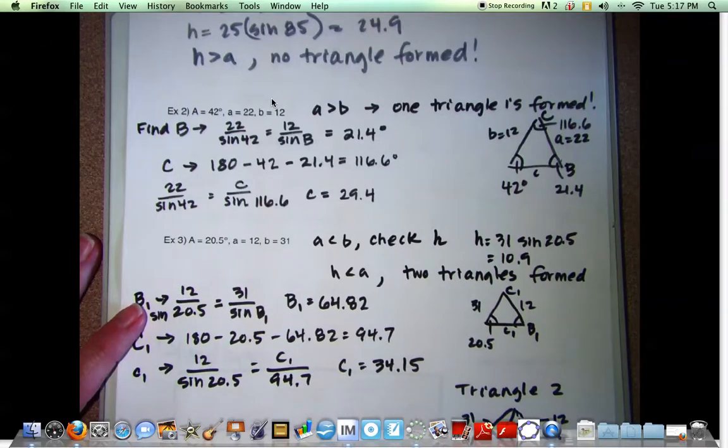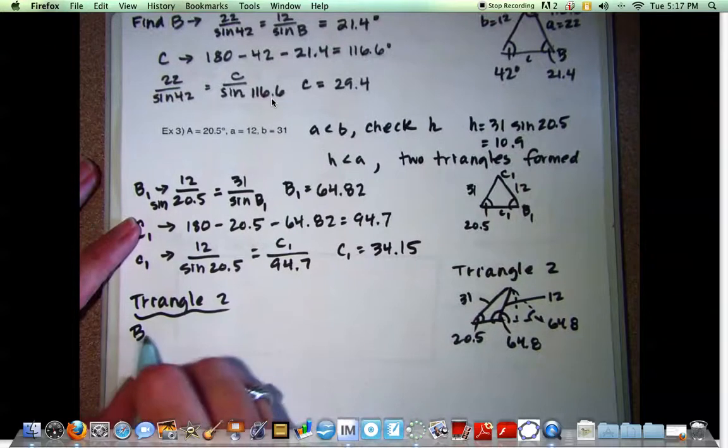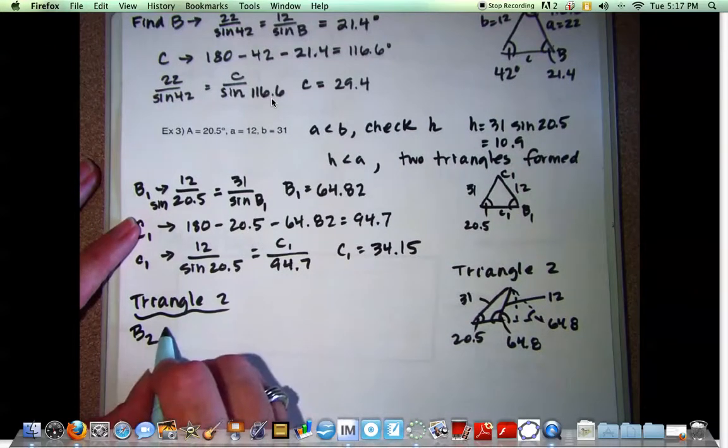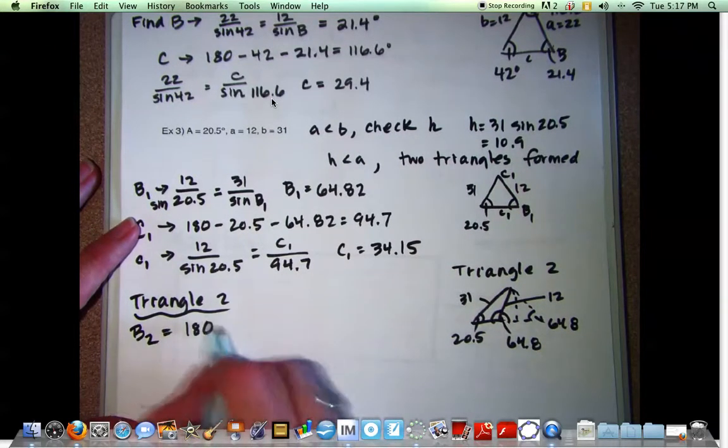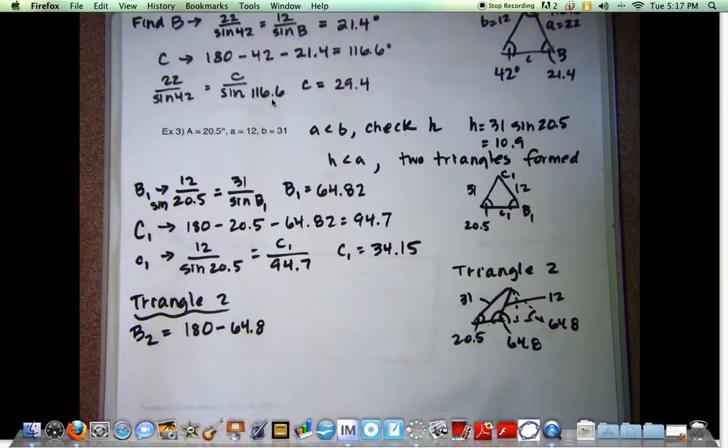So finding angle B for triangle 2, this is B2, it's as simple as 180 minus 64.8 because the two angles are supplementary. They total 180 degrees.